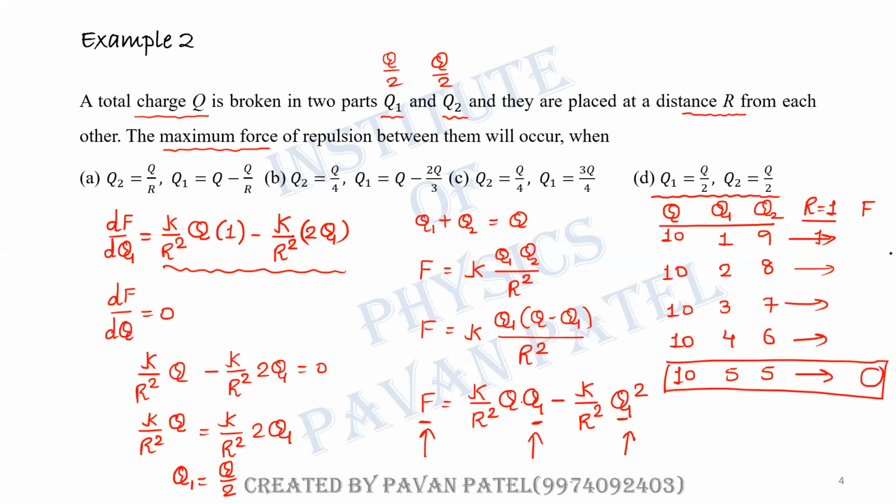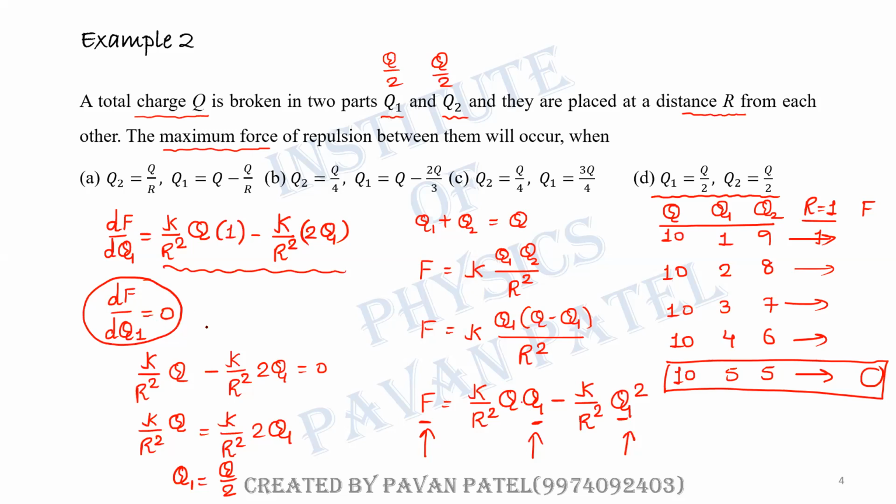You calculate all the force values. You will find that the force is maximum for the fifth option, which is Q by 2, Q by 2, 10 divided by 2, 5 and 5. So visualize the problem first, it will be easy. Then remember this concept: when you want to find a maximum value for the given quantity, you should compare the differentiation of that quantity with respect to the variable to 0. Here, dF divided by dQ1 should be 0.